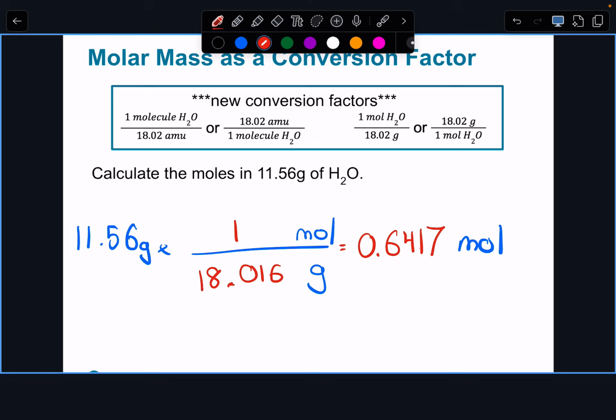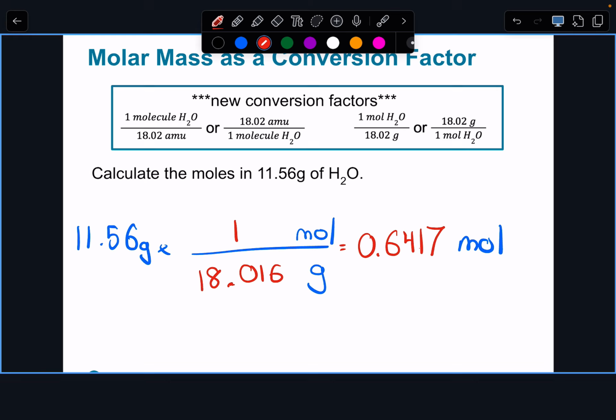I almost want to go find one from the end of chapter 2 to show you how similar this is. I won't waste our time, but this is just like if we said, I have 11.56 grams of iron. How many moles of iron? Then I would go look up the molar mass of iron, 55.85 over 1 mole, and I'd figure out the number of moles of iron atoms.